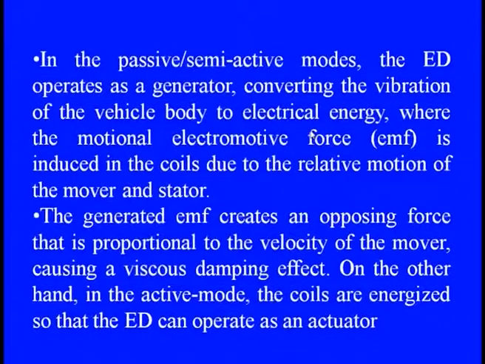On the other hand, in the active mode, the coils are energized so that the electromagnetic damper can operate as an actuator. Instead of dissipating or absorbing the energy, now we are transferring the energy back to the system, and it can act as an actuator in the system.